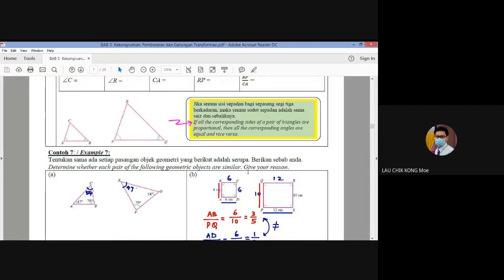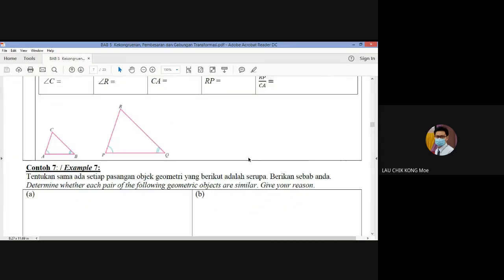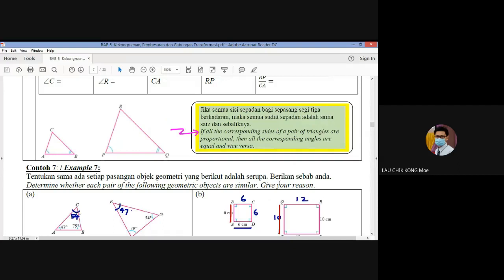Okay, so we have a note here. If all the corresponding sides of a pair of triangles are proportional, meaning in the same ratio, then all the corresponding angles are equal and vice versa.